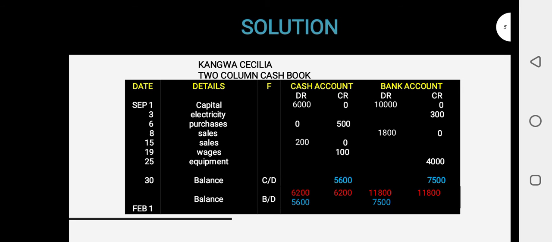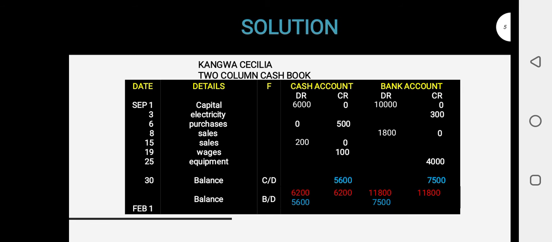So you only get the balance carried down when you get the difference from the debit side and the credit side. When you get that difference, if it's on your credit side, you are going to take it to your debit side now as your balance brought down from the previous month into the next trading month, which is on the 1st of February.